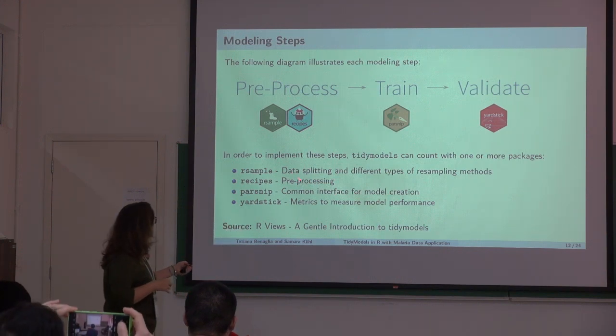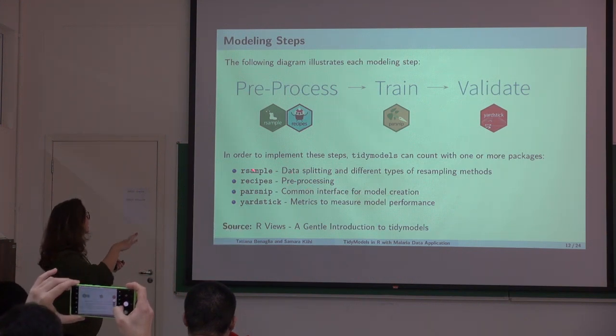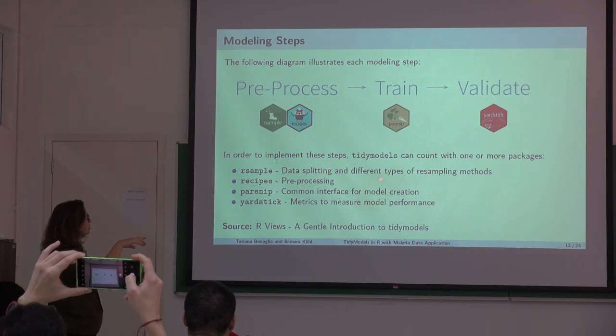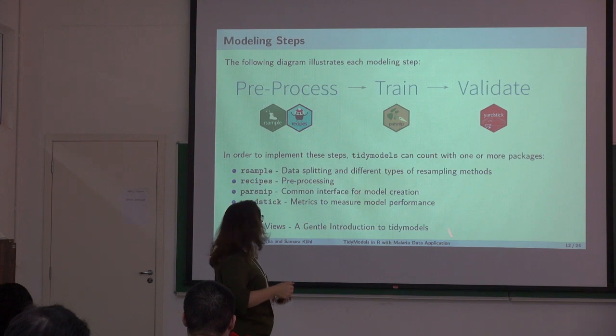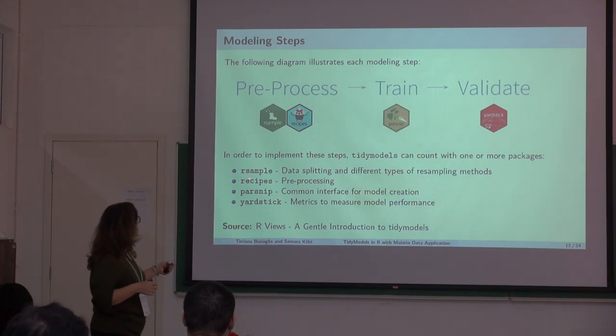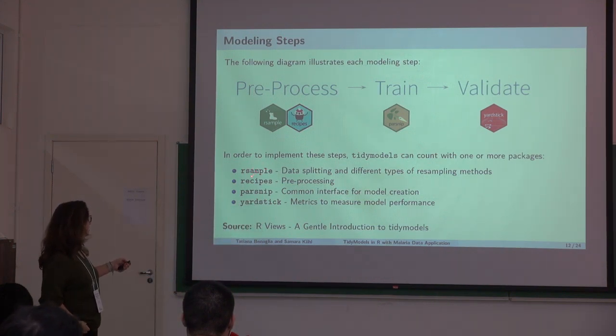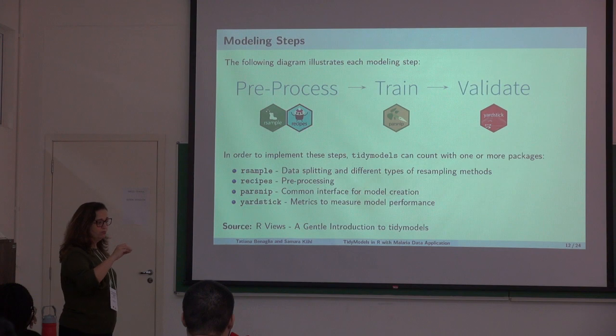So that part, we split our data, and this package is also used for different types of resampling, like cross-validation. It's all done by the package called rsample. The recipes package is the pre-processing, what I was just saying.